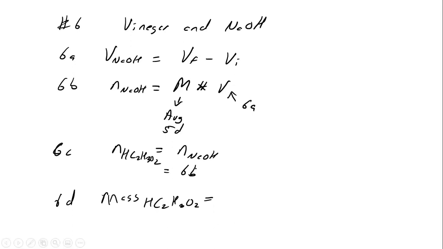How do I go from moles of something to mass of something? Multiply by its molar mass. So it's going to be the moles of HC2H3O2 times its molar mass, which is going to be 6C times the molar mass.